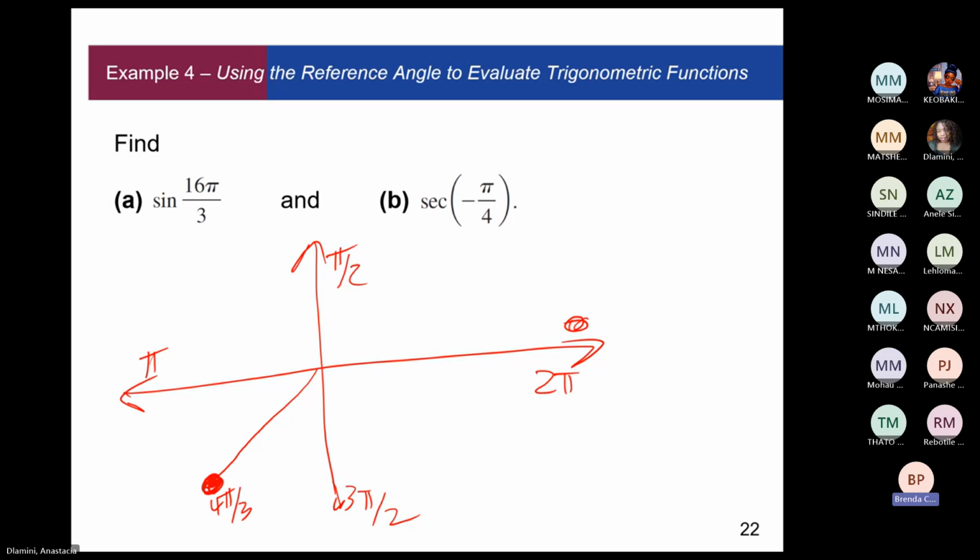For this one, we are in the third quadrant. With our 4 pi over 3, we are in the third quadrant. What is our reference? And Brenda, you should know this because you asked the question. So we subtract from pi. Well done. But how do we say it? So our reference angle will be what?